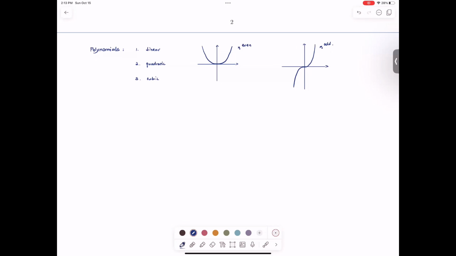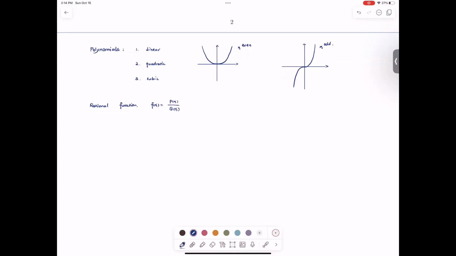The next one is rational functions. What does it look like? What is the domain of rational functions? Let's call it f of x equals p of x over q of x.